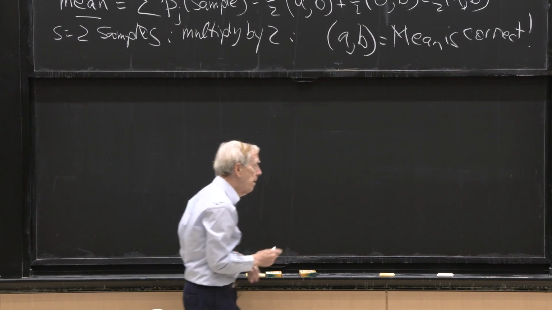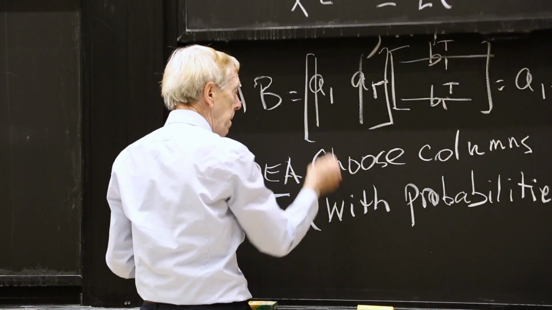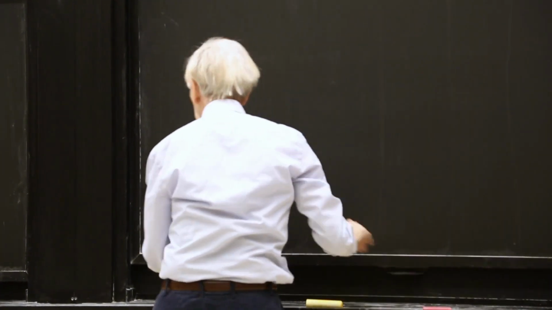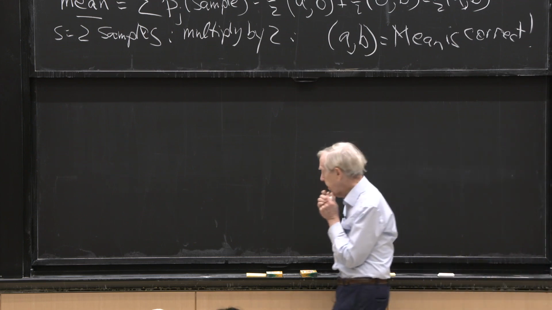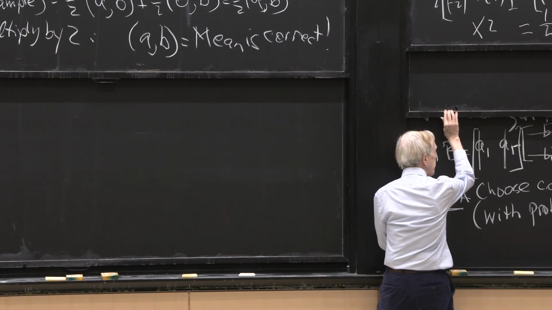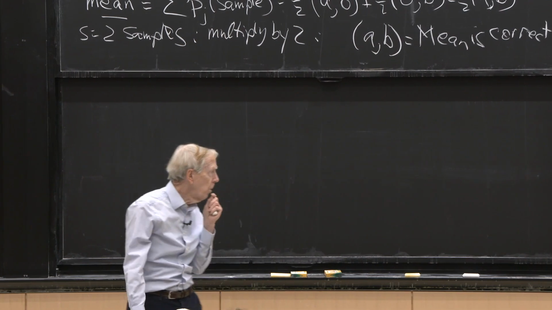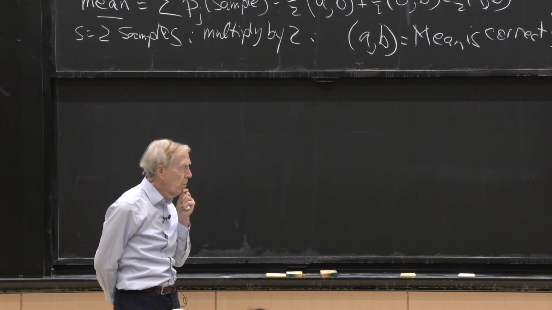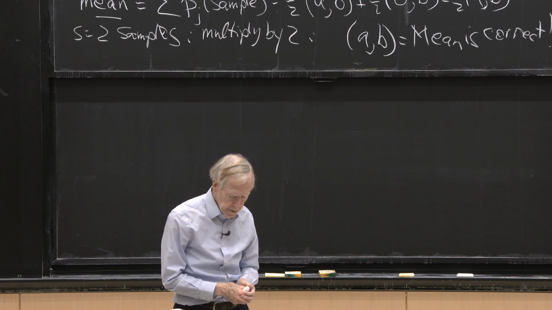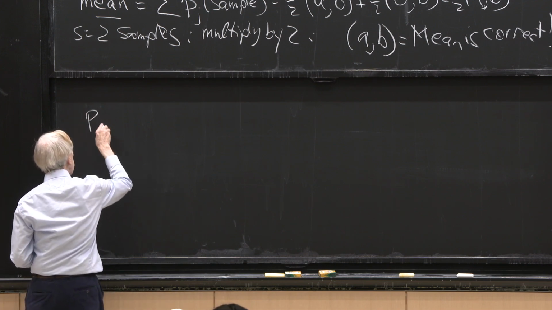Let me bring that down. Actually, I could leave it up for now because it told us what we're up to. So we're multiplying A times B, and we're going to use these probabilities.